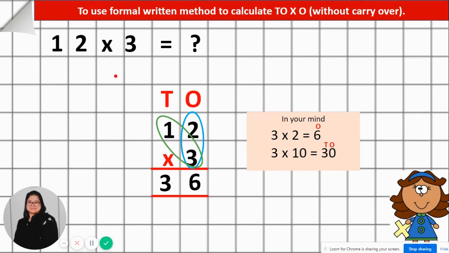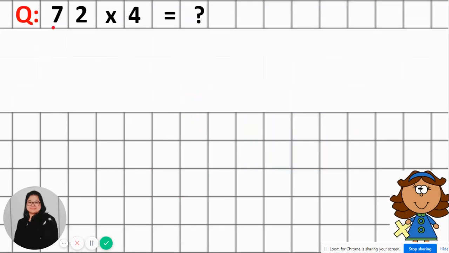Let's see how we calculate the numbers to which we don't know the answers. Here is a question. 72 times 4 is equal to dash. Now before we go ahead using the formal written method, let's estimate the answer. Now I have used the word estimate.